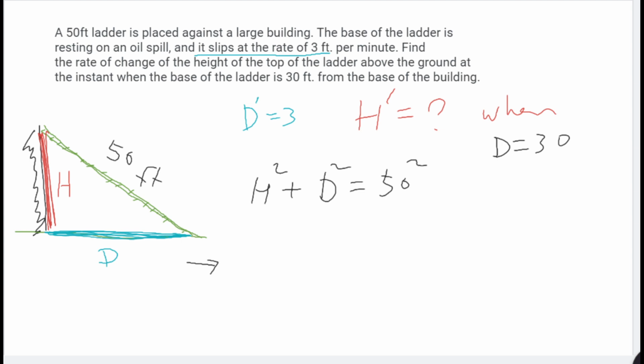Next, differentiate. So remember, H and D are functions of t. So H squared is a composite. So we're going to have 2H H prime plus 2D D prime equal to 0. 50 squared is constant. Now again, what are we supposed to find out? We're supposed to find out H prime. So solve this for H prime.